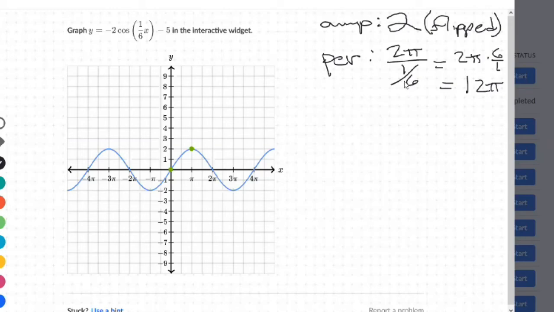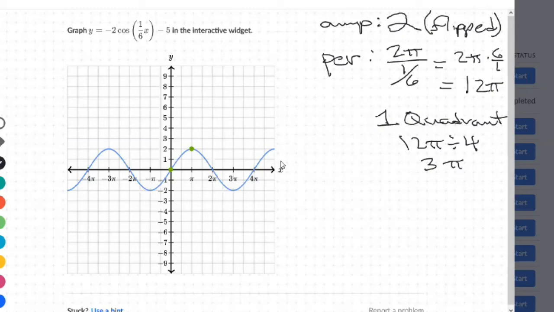Ouch. Okay. 12 pi. So now the one thing that's nice about this, though, is remember that there are 4 quadrants. So if I wanted to think this out, I could say 1 quadrant would be 12 pi divided by 4, which means 3 pi is 1 quadrant worth.